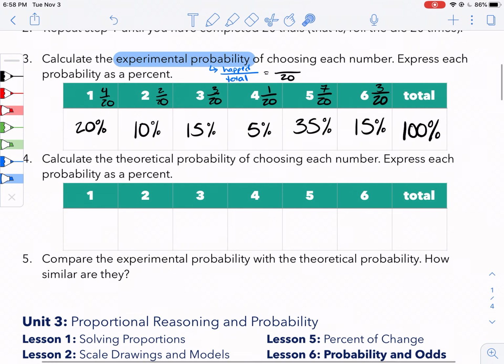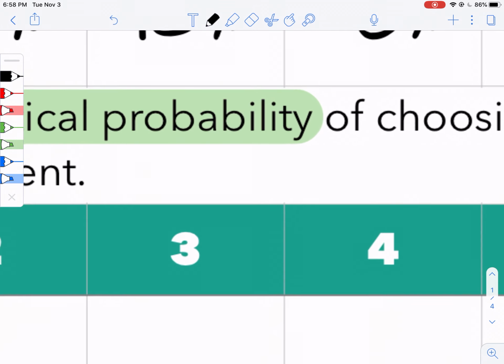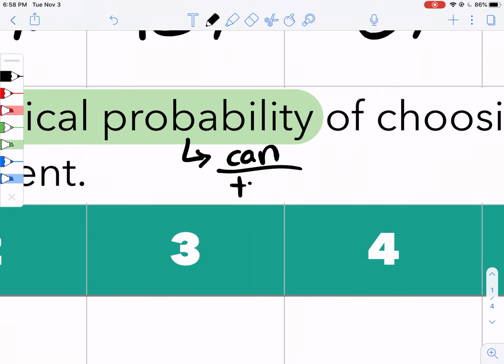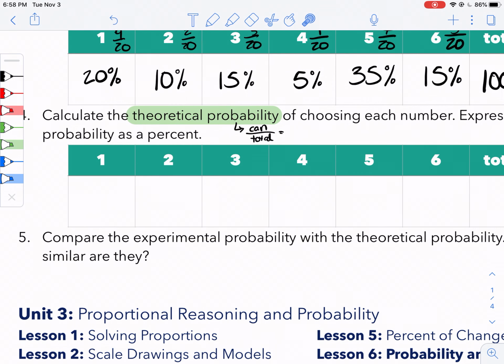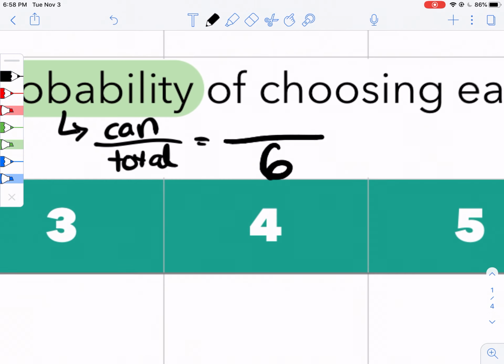Now we need to calculate the theoretical probability of choosing each number. That's what we would expect to happen. Theoretically, it's how many ways it can happen over the total. There are a total of 6 ways it could happen: 1, 2, 3, 4, 5, 6.